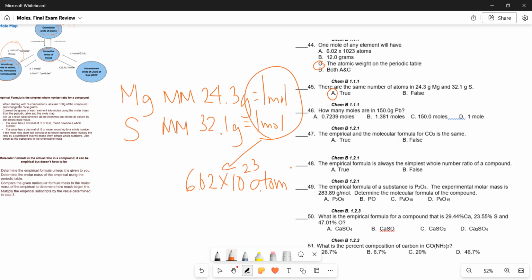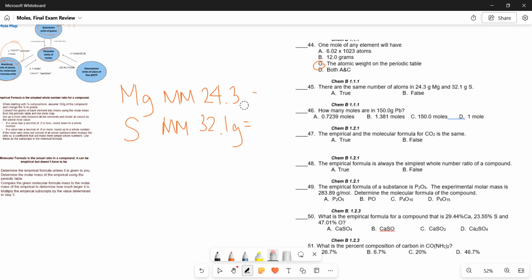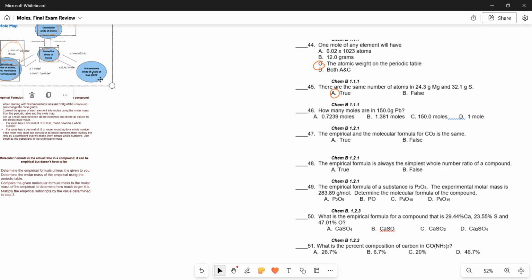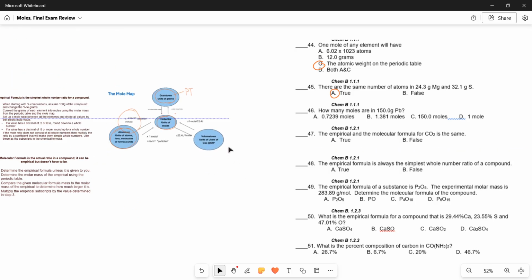Okay, question 46. 46 states, how many moles are in 150 grams of lead? So again, looking at my mole map, I have grams of substance.